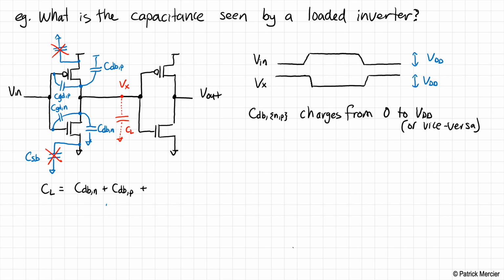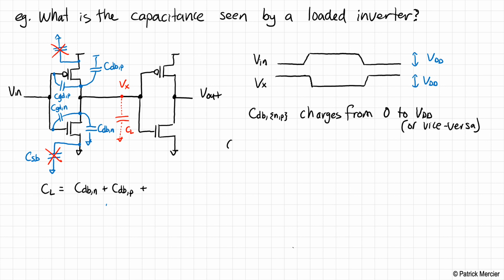Okay, so in this particular example, Vin is going from 0 to VDD, so therefore Vx is going from VDD to 0. So CDBN and CDBP both were originally charged to VDD, and now they've been discharged to 0 during this first transition here.